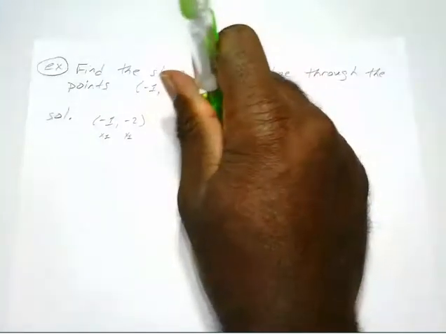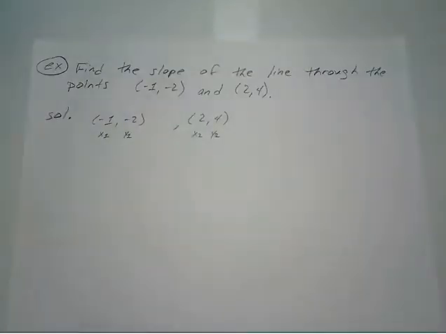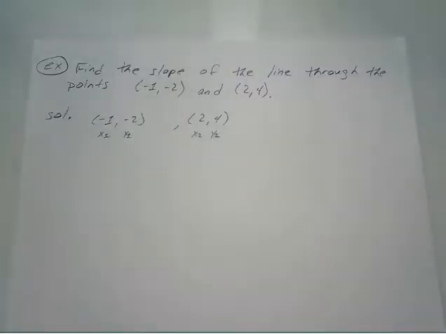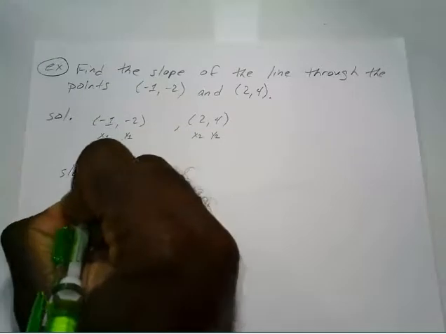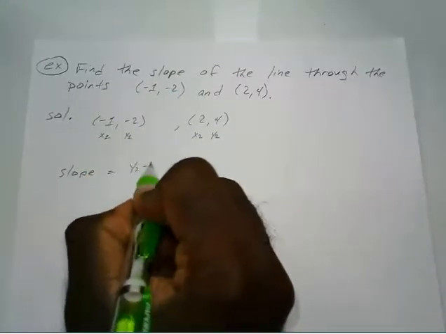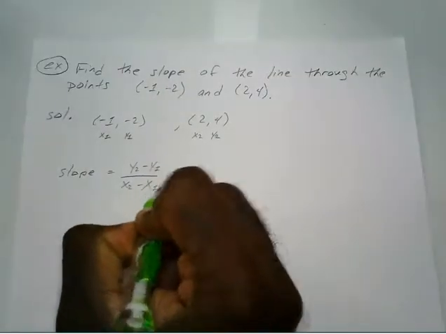I don't want any confusion for anyone. There we go. It looks more like a 2. Okay, so you have your x1, y1 and your x2, y2. So now you just plug it in. y2 minus y1 over x2 minus x1.